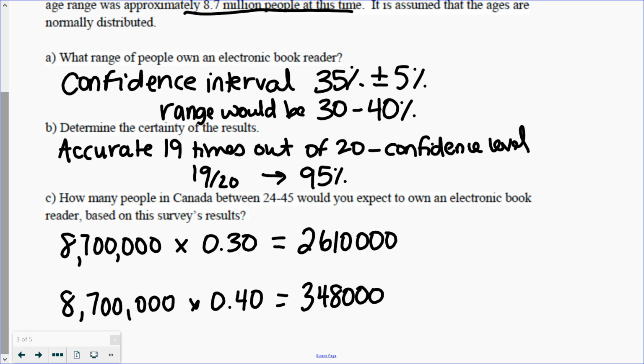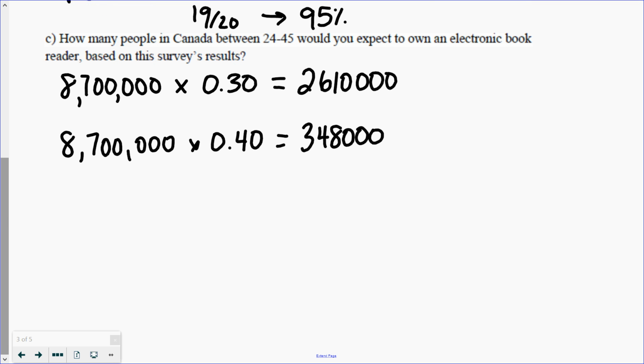So the way that we can express that, we could just give that range. I'm going to write it out as a little bit of a sentence.